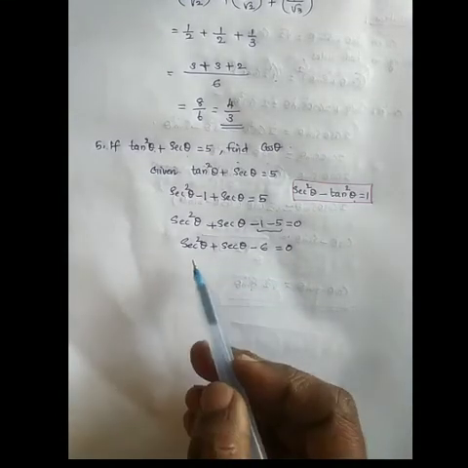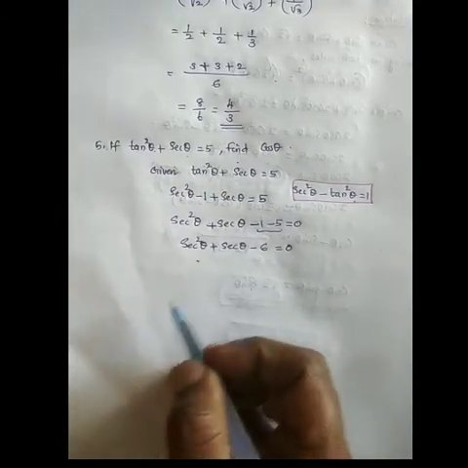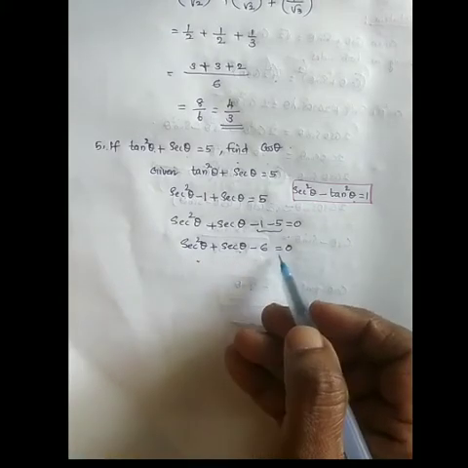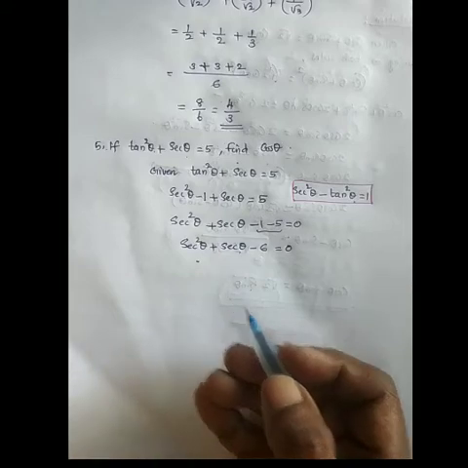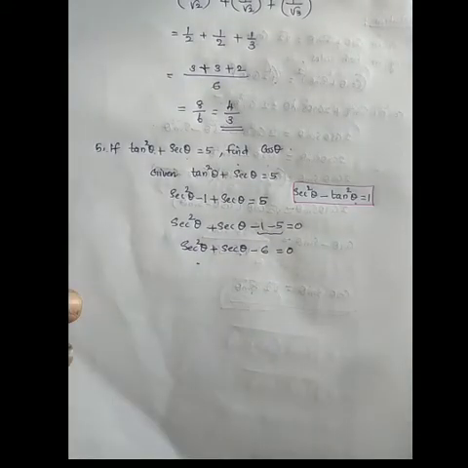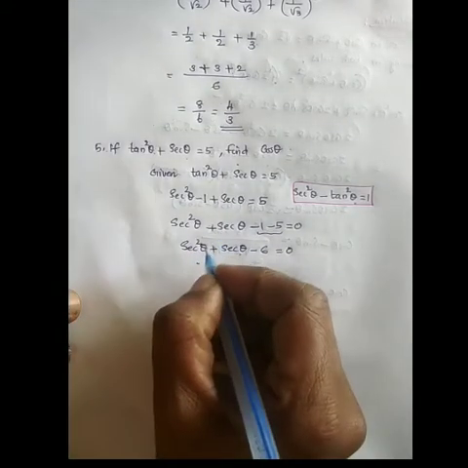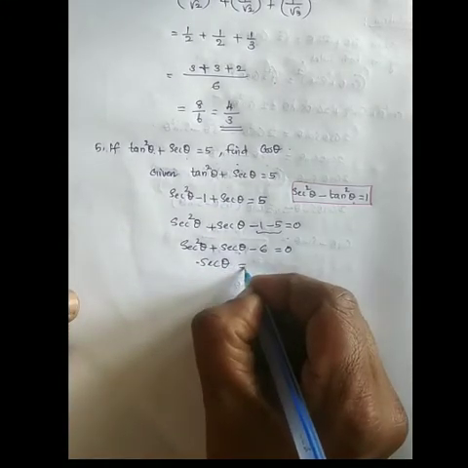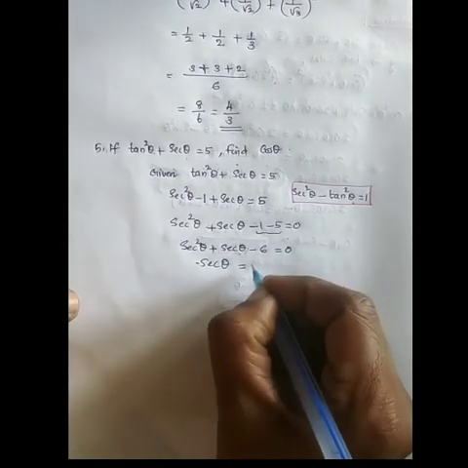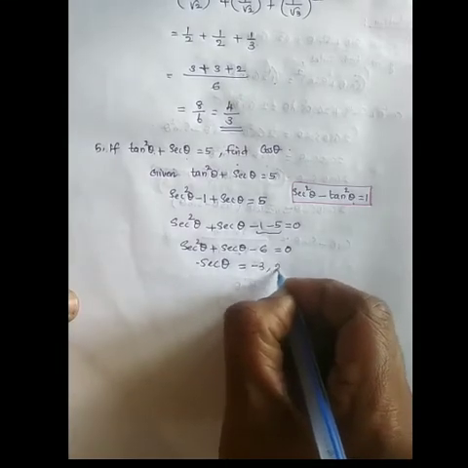This is a quadratic in sec theta, or ax square plus bx plus c form, and the values of sec theta are 3, minus 3 and 2.